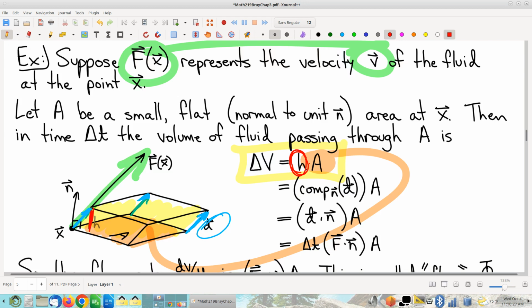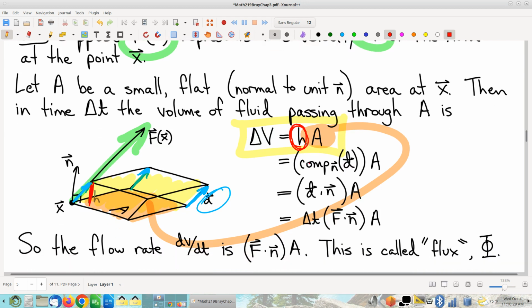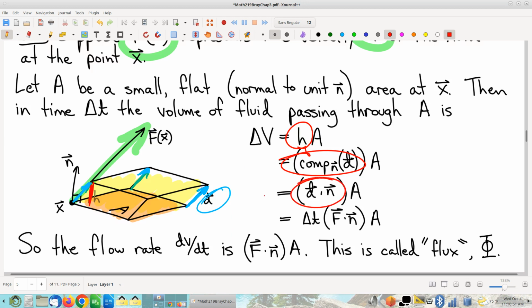And then just a couple of things to notice. The height, you'll notice, is the normal component of the displacement vector d. So height is that component there. That's the component in the direction of a unit vector, which means it's just a dot product, right?